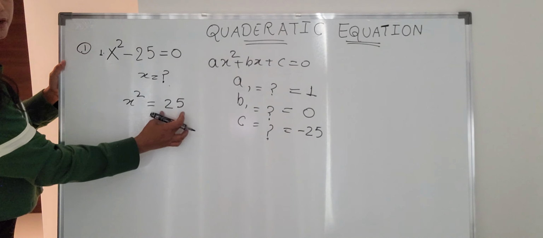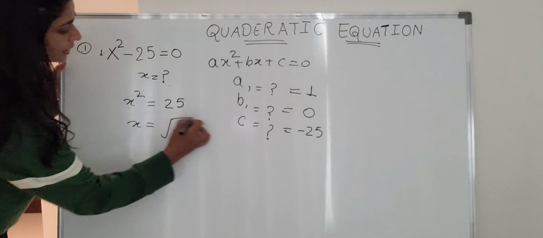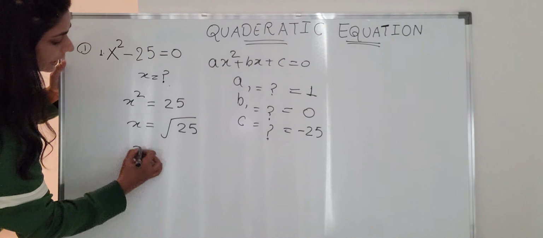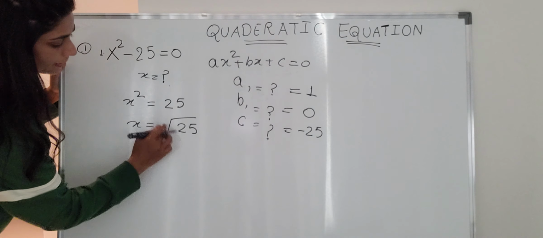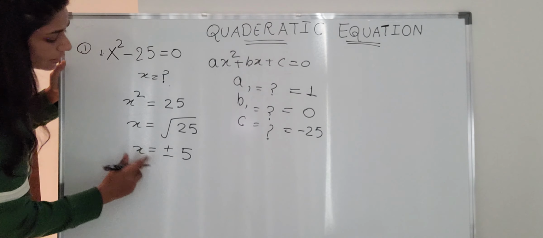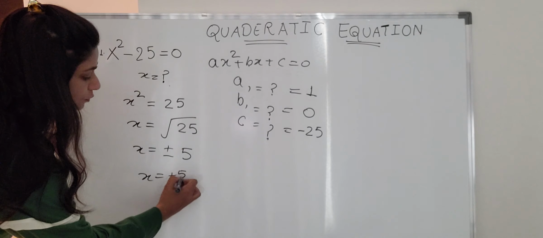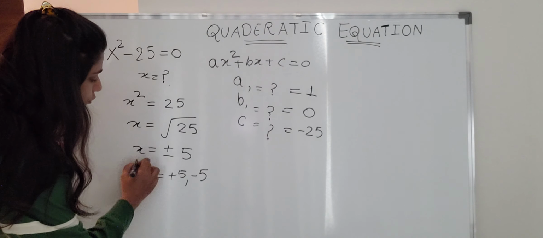So it will be plus 25. Now x equals under root 25, and x equals plus minus the root of 25, which is 5. So x values are plus 5 and minus 5. So we got two values of x.